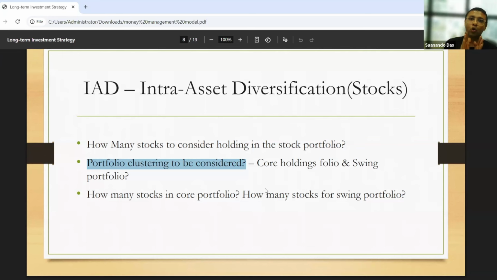One is the core holdings portfolio, which Vivek sir sometimes refers to as the mother portfolio, or another part will be the swing investing portfolio. And then the question comes, how many stocks in the core portfolio and how many stocks should you hold in the swing portfolio?